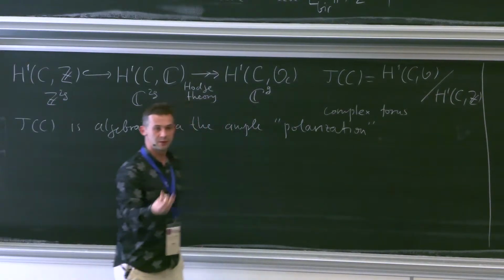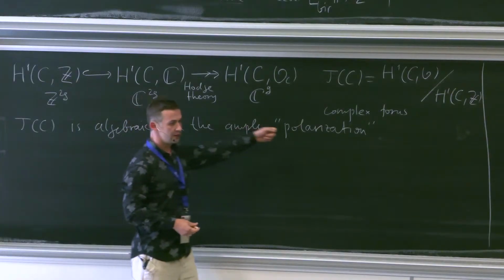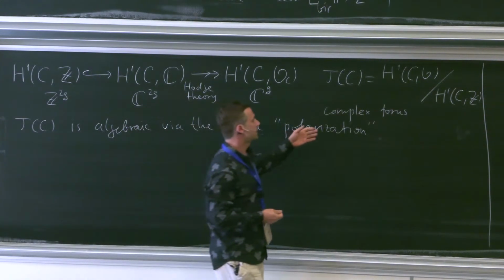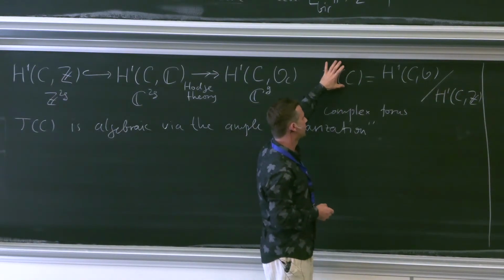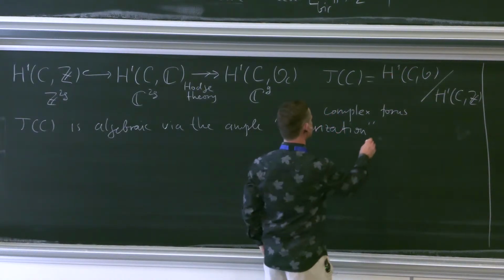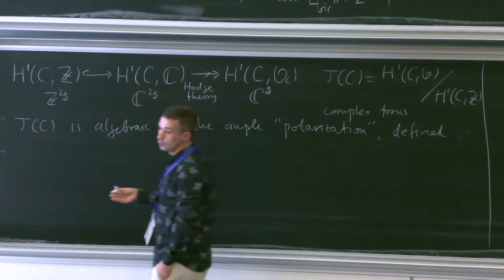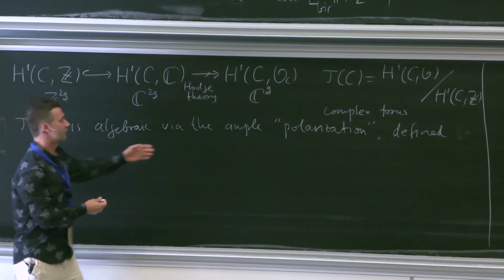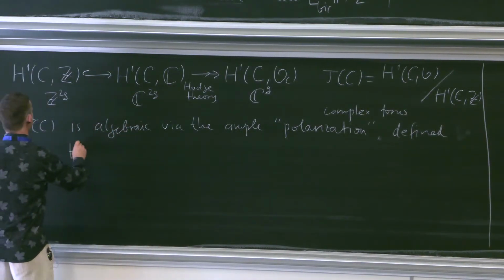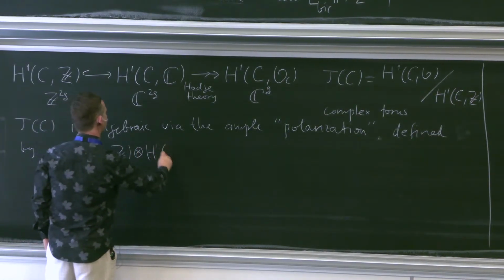Polarization means two things, and here they come together. Polarization means an ample divisor, but for abelian varieties, the first theorem you learn is how to characterize ample divisors in terms of some linear data on this structure. Both of them are called polarization, and the input here to make this into an algebraic variety with a given ample line bundle is the unimodular pairing on the lattice.